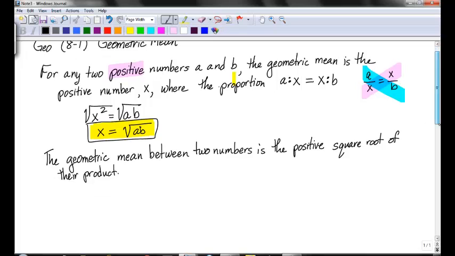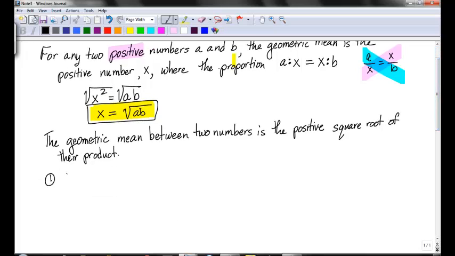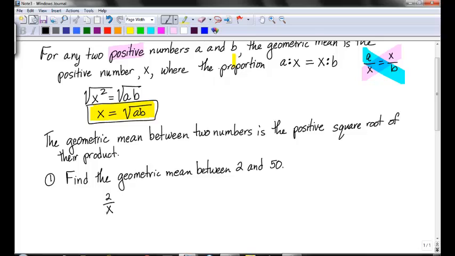Okay? So, example. Find the geometric mean between 2 and 50. You can set it up in a proportion, but you don't have to. If I set this up in a proportion, it'd be 2 is to X as X is to 50.